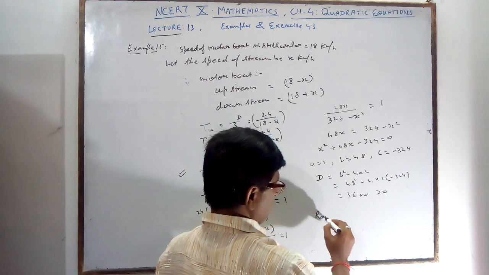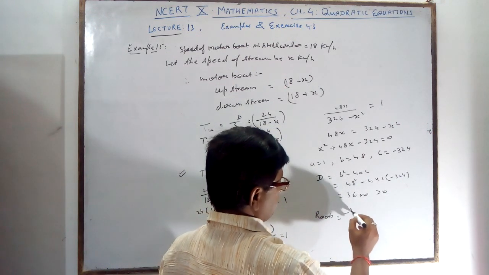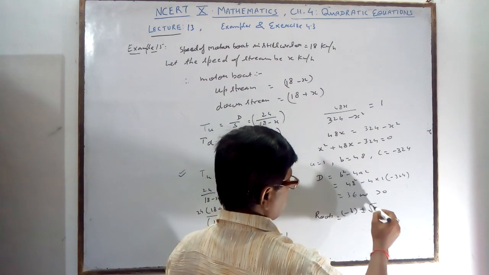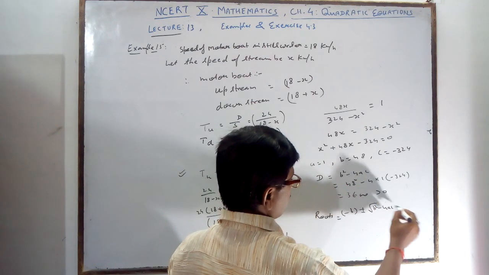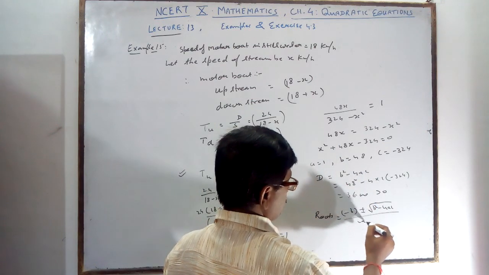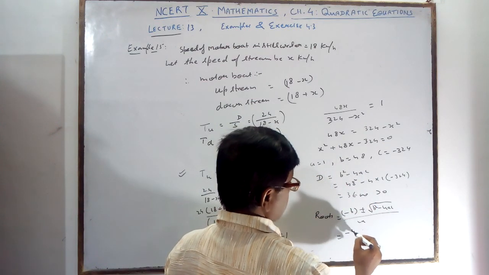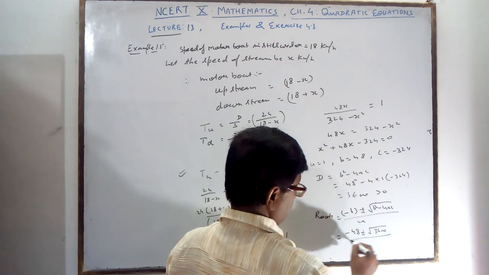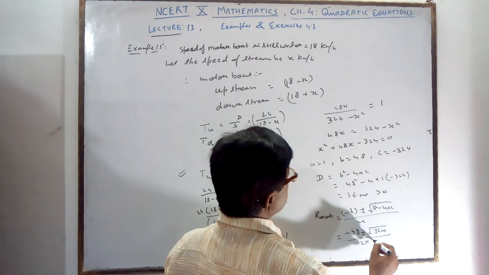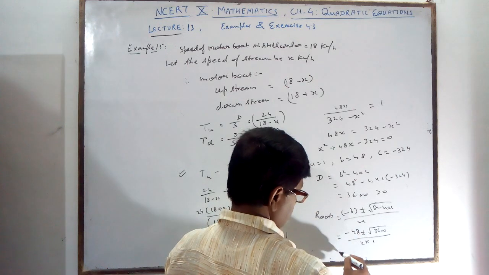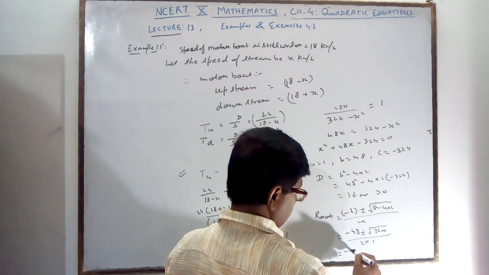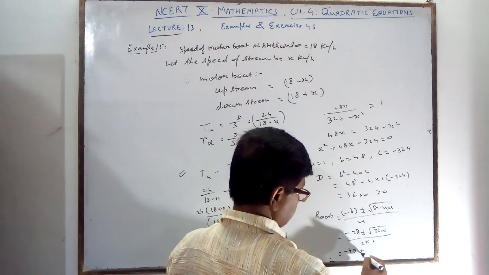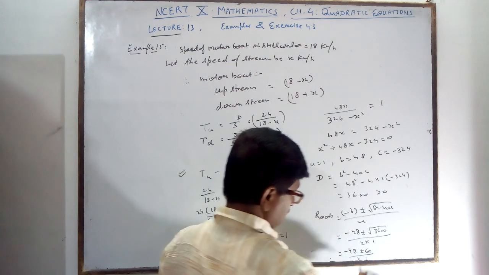So find the roots: minus b plus minus under root b square minus 4ac, divided by 2a. So minus 48 plus minus root 3600 divided by 2 into a. What is a? 1. So you are getting minus 48 plus minus 60 upon 2.